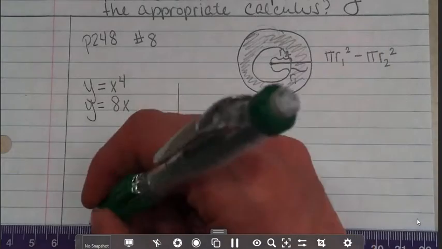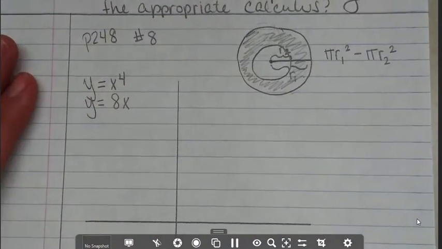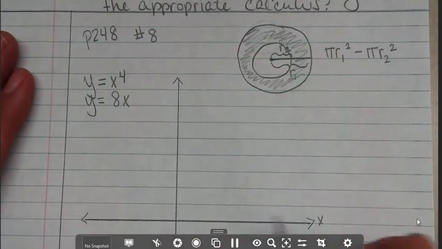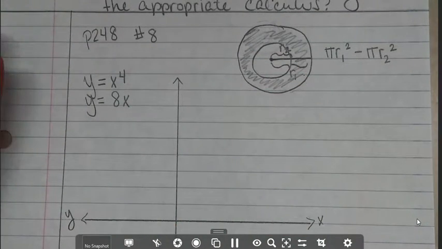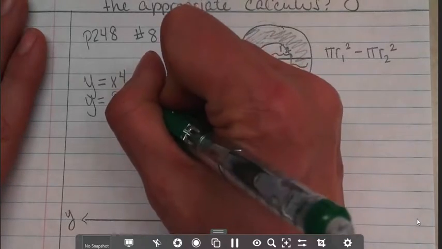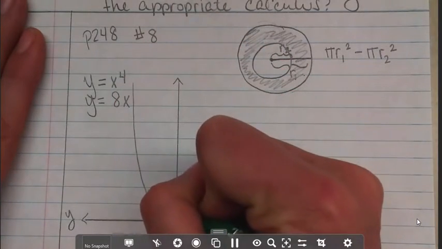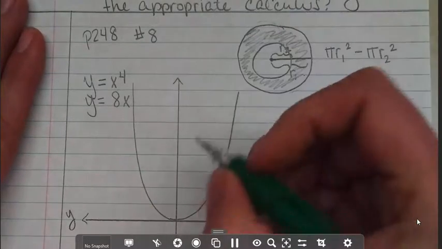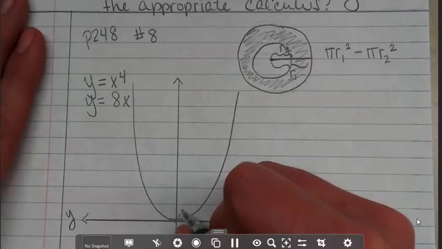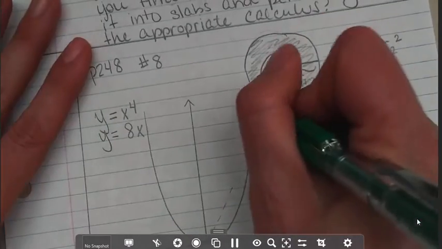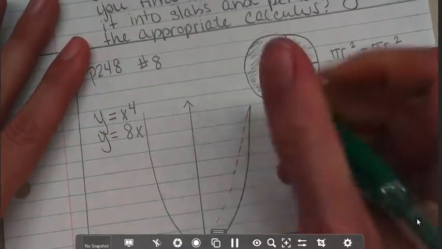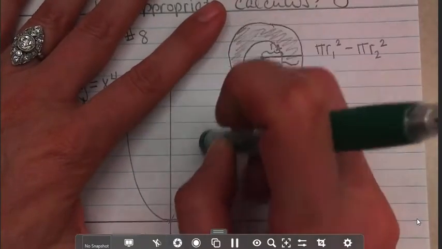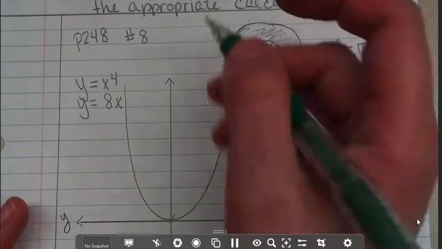I probably don't need to be that big. Terribly done. But you have the picture in your book, so I would really focus on the picture in your book and not on my drawing.